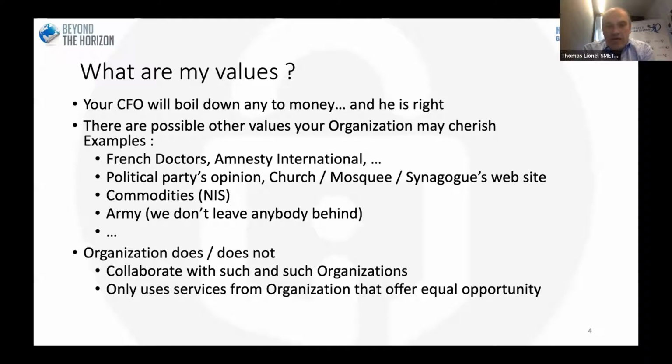It's not only money, but also some companies like the French doctors or Amnesty International, or your church or mosque or synagogue may also have some values. Typically also in the commodities, you have only one water provider, so they have to think, okay, we need to deliver water, and that is our only business, and all our customers are basically locked down, but we still have to make sure that we protect the water that we are delivering.